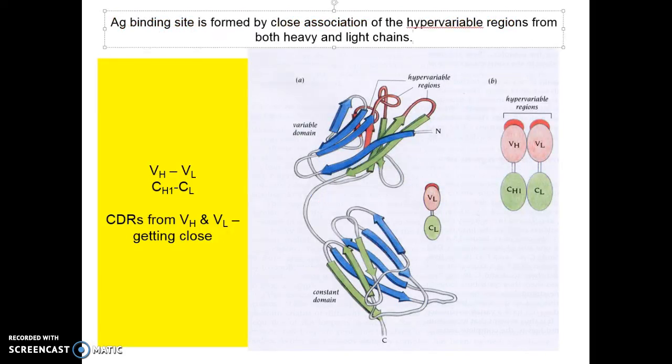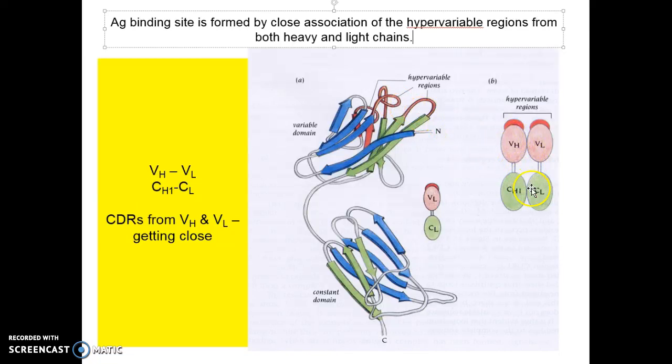The variable and constant domains in the light chain of immunoglobulins are folded into two separate globular units. The CDR regions, here in red, are at one end of this elongated molecule, in the Fab framework as well as in the intact immunoglobulin molecule.